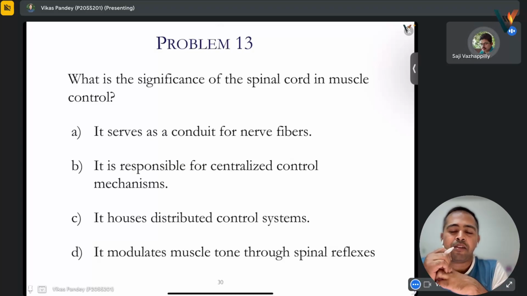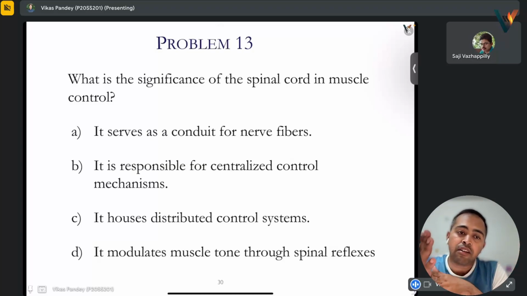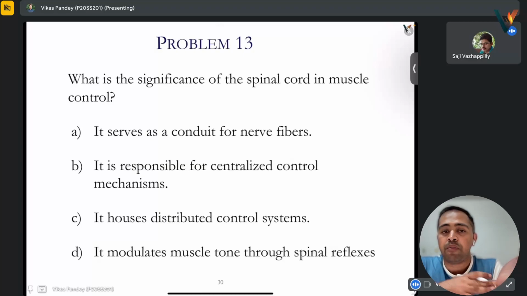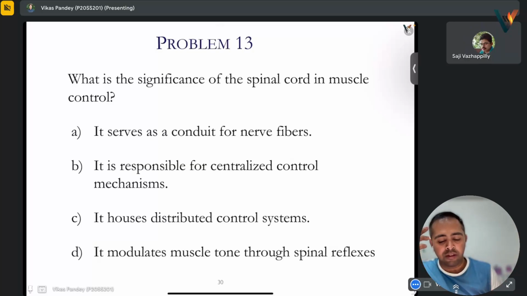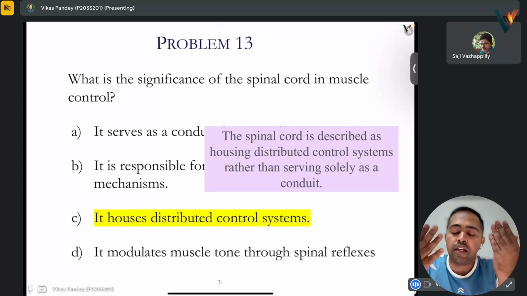In this case the answer may be D, but C also may be correct. It houses a distributed control system in the sense that some decisions are taken there, and it also works as a conduit for the nerve fibers. But it does not only act as a conduit; it has other functions also. So some control is there, as well as it working as a conduit for the nerve fibers.